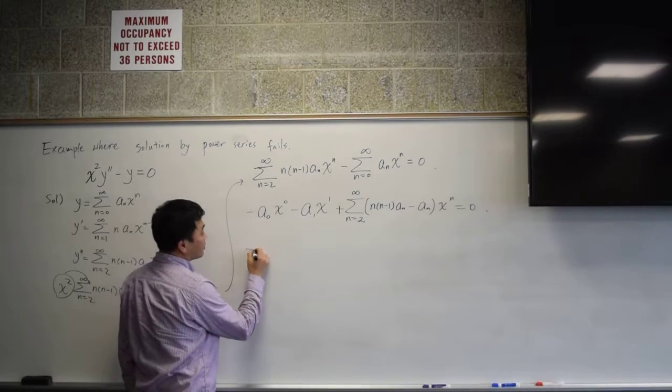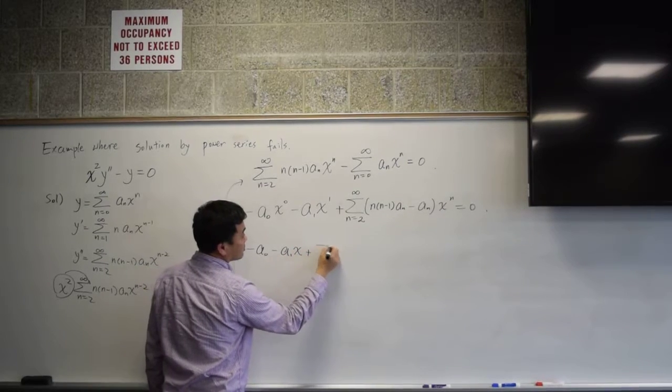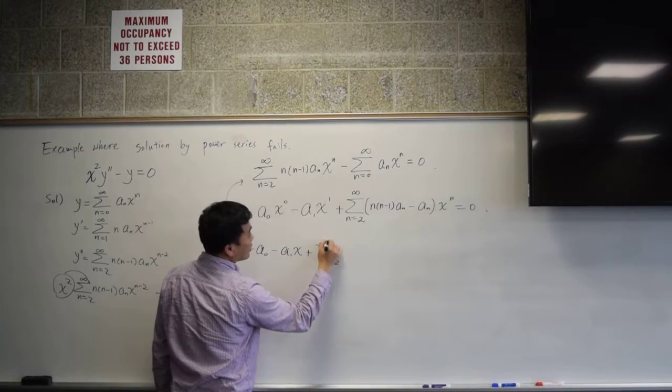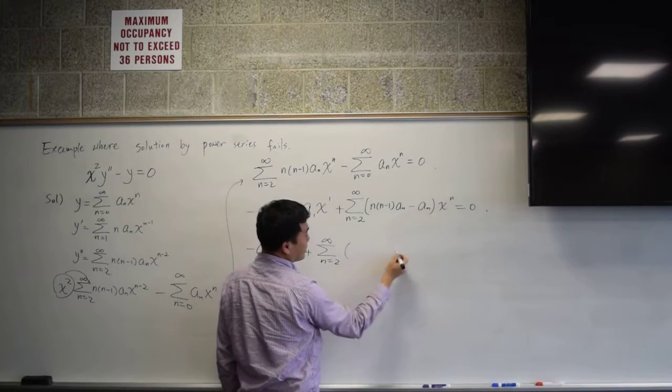Now I notice that the a_n's are in both, so I can even factor out the a_n.